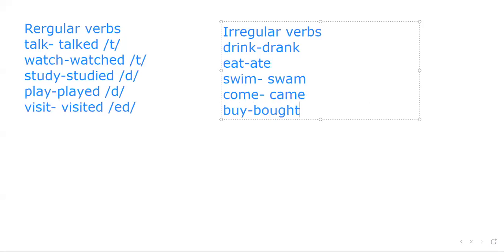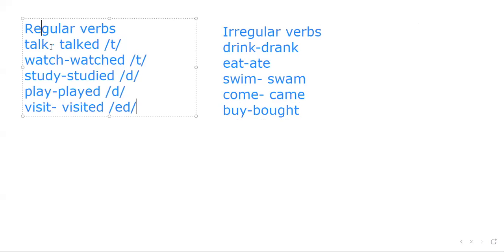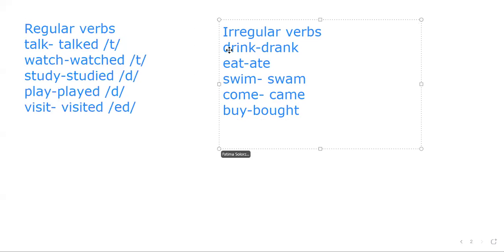Okay. If you identify, we have some differences between regular verbs and irregular verbs. Remember that regular verbs have three different pronunciations, and irregular verbs change completely when you conjugate them in the simple past, okay?